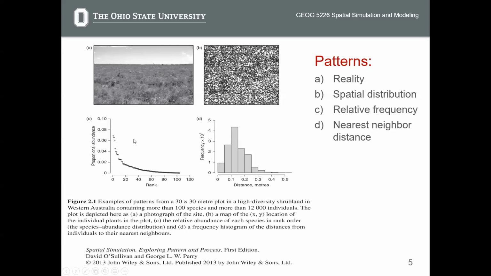What is the meaning of proportional abundance? If the total population is 100, and species A has only 1 individual, the proportional abundance for species A is 1%, or 0.01. If species B has a population of 2 and the total population is 100, the proportional abundance for species B is 0.02. That's the meaning of the vertical axis.